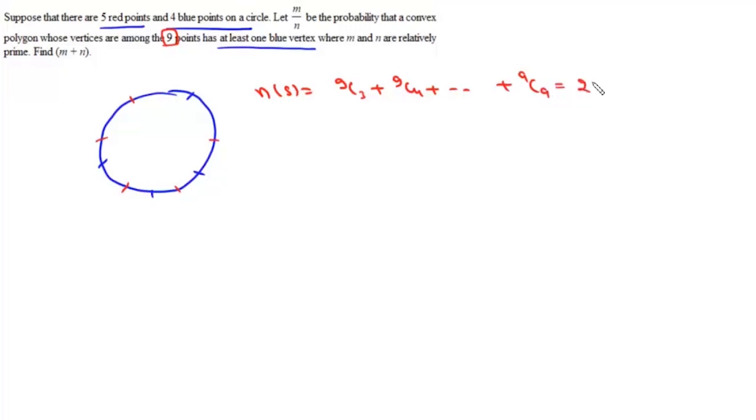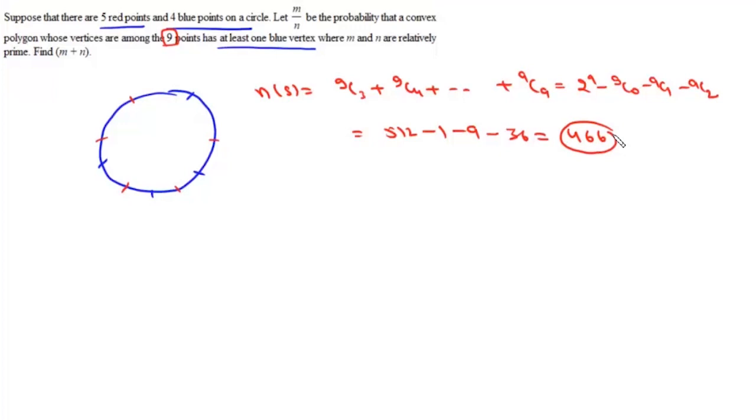It will be 2 to the power 9 minus 9C0 minus 9C1 minus 9C2, which is 512 minus 1 minus 9 minus 36. It will be 466. So from these 9 points, 466 convex polygons can be formed.